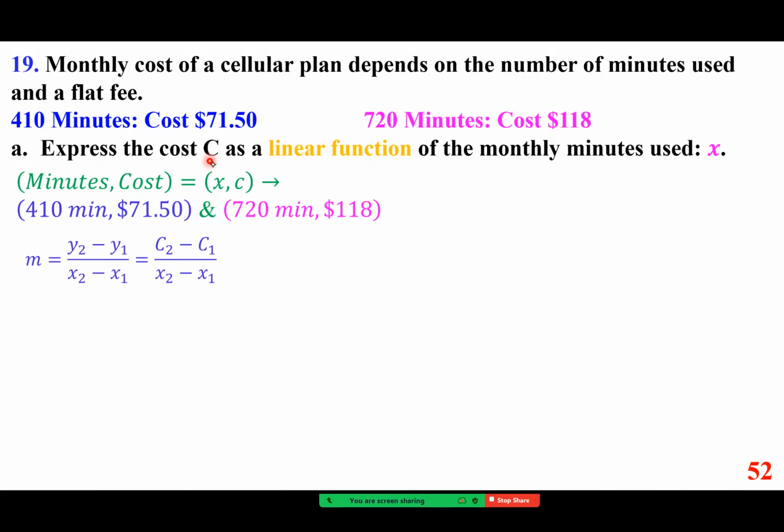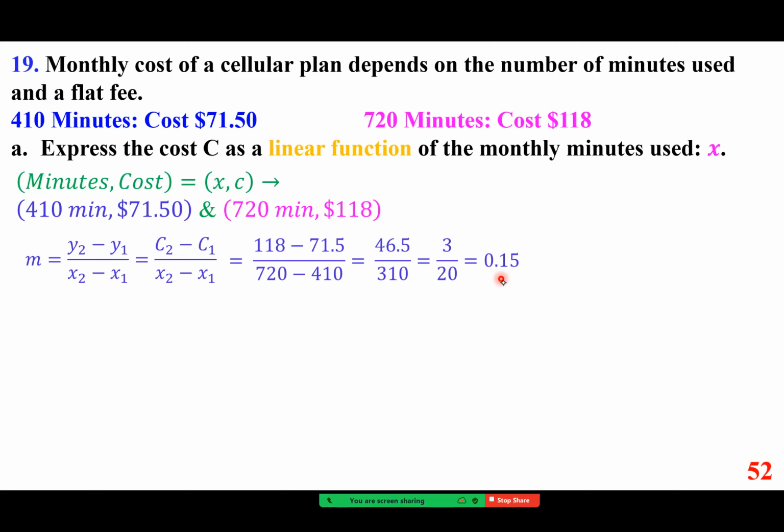So if you can get confused as far as the variable, stick with x and y and then change it to the variable they give you. So in this case, we are going to write 118 minus 71.50 over 720 minus 410. And we're going to simplify the top and the bottom, 46.5 over 310, and it becomes 3 over 20 or 0.15.